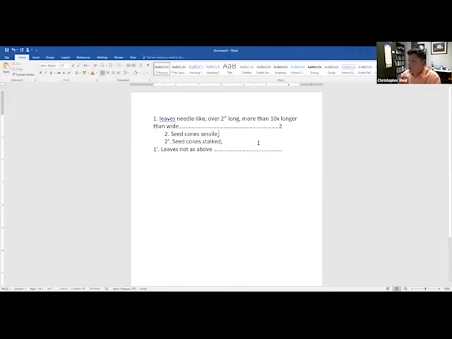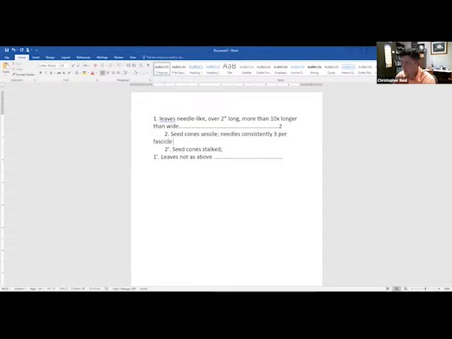So with multiple character states in mind, we have a good one: seed cones sessile in loblolly, stalked in slash. And what if you don't have seed cones at your disposal, or you can't really see how they're attached? Then what do you do? What else? The number of needles per fascicle. Okay. So needles consistently 3 per fascicle, rarely 2.